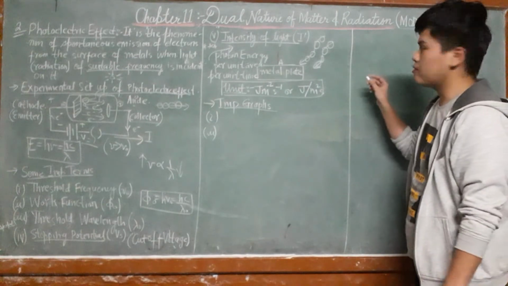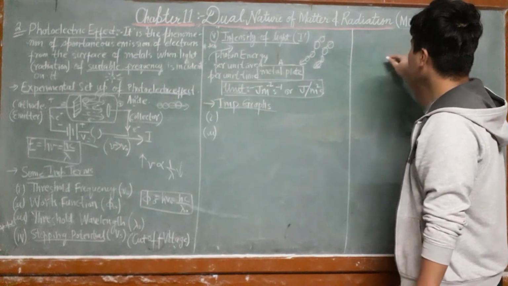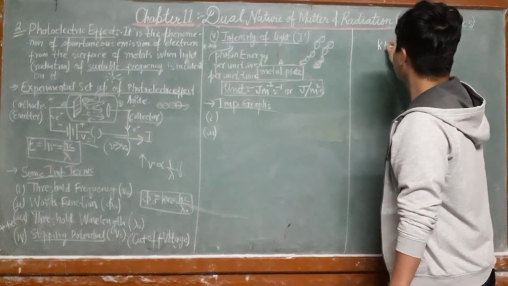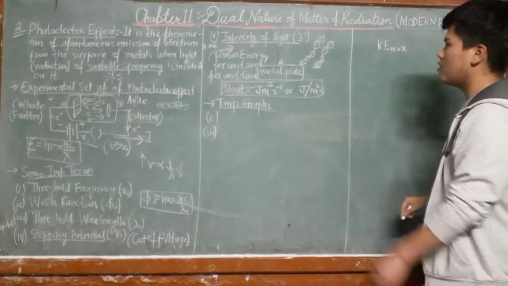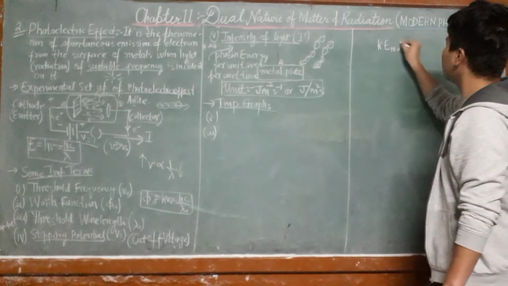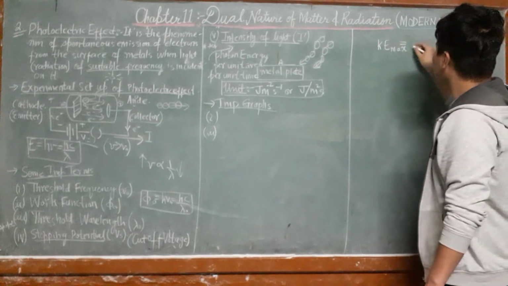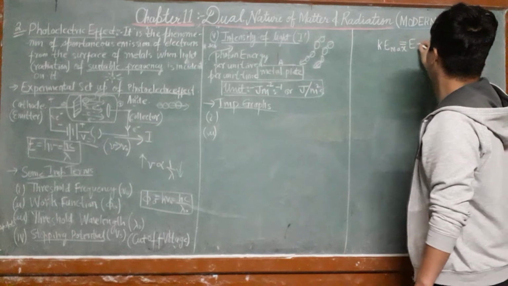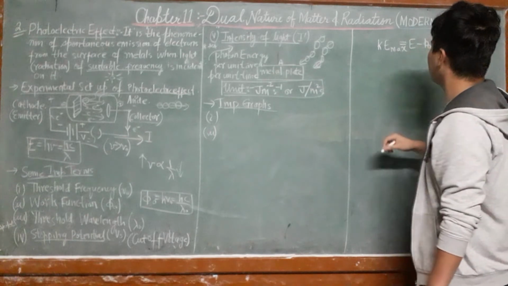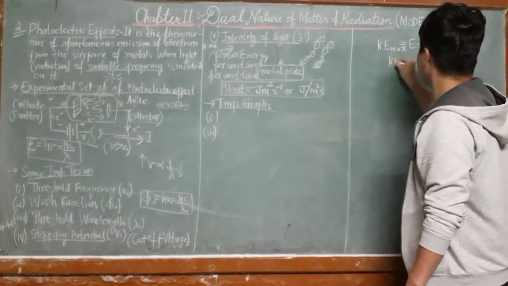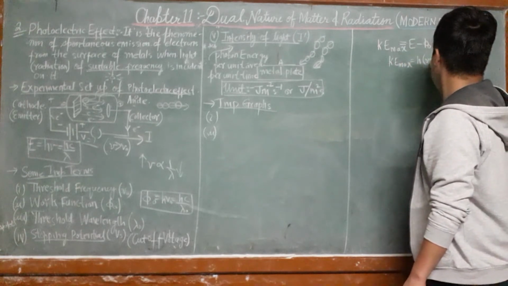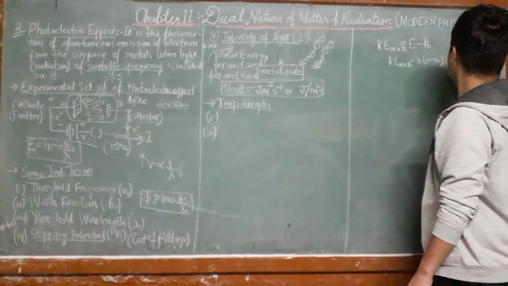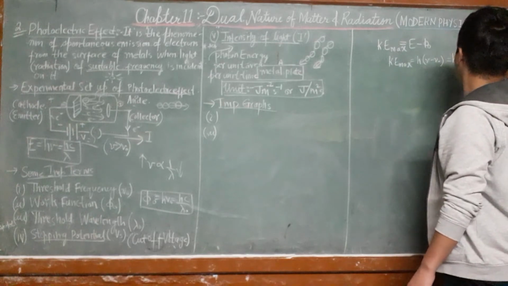Einstein's photoelectric equation: kinetic energy max of photoelectrons is equal to h nu minus phi naught.